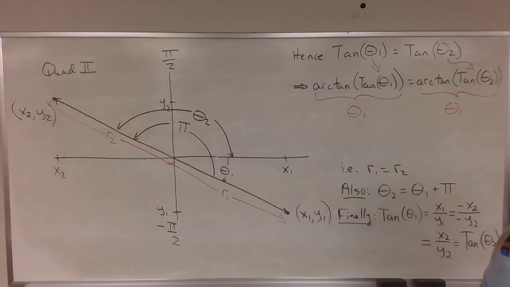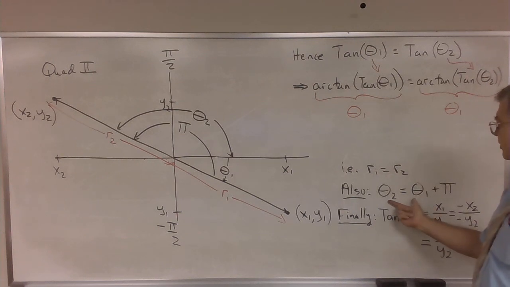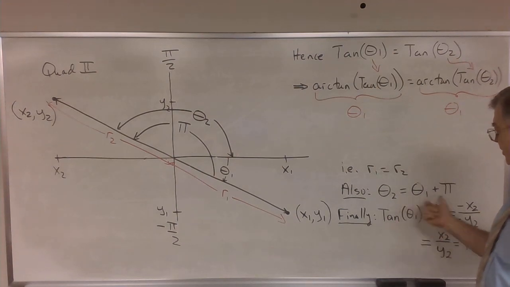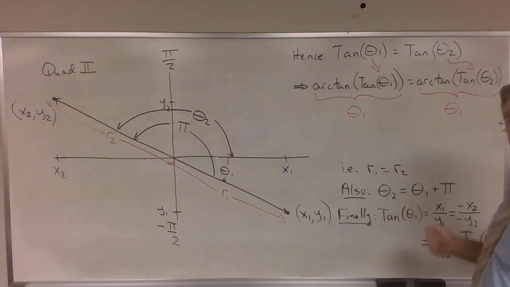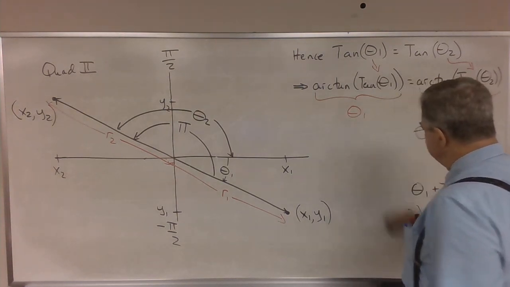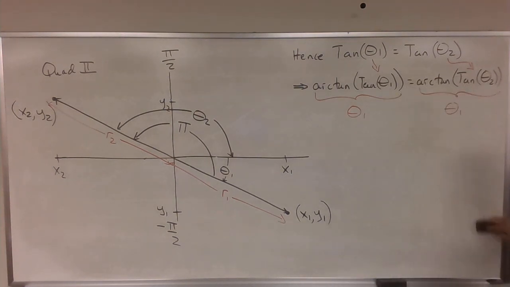So we look at this relationship. Theta 2 is theta 1 plus pi. Oh, okay. So I guess we just had a revelation.